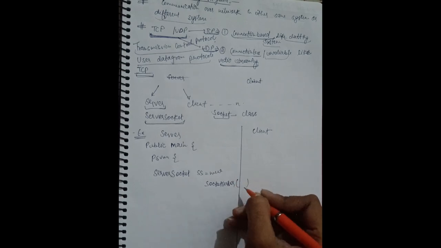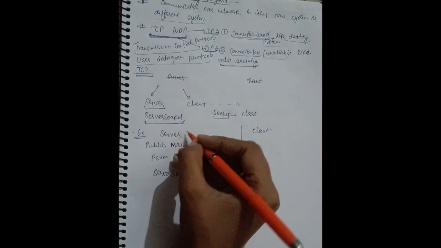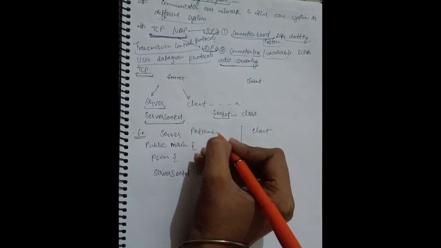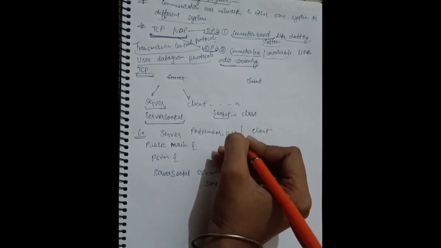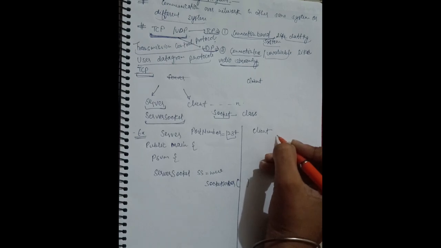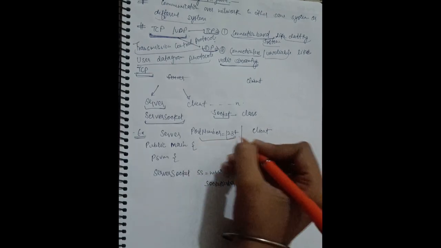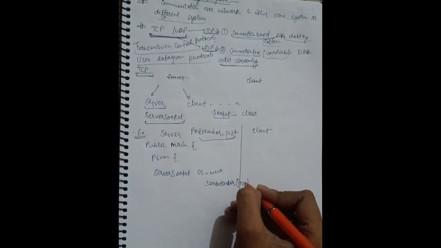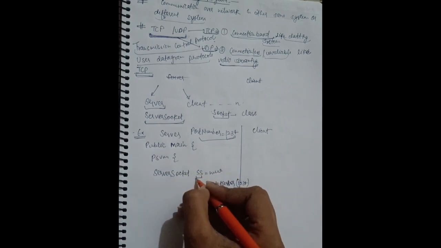Here we need to pass a port number, which is common for both. For example, if we define the port number as 1234, the client must use the same port number for the connection. So here we pass 1234, and this returns the object SS.